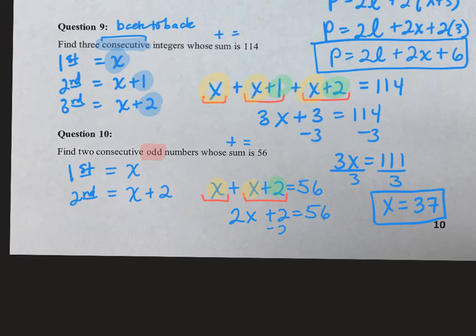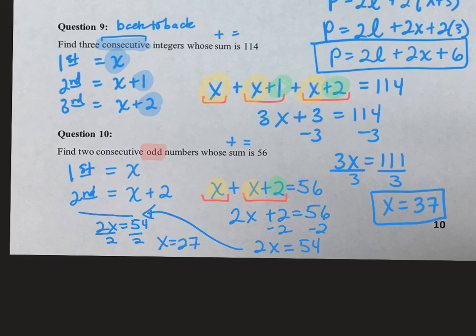Minus 2, minus 2. 2x equals 54. I'm going to come over here because I'm running out of room. I've got 2x equals 54. Divide by 2, divide by 2, x equals 27.